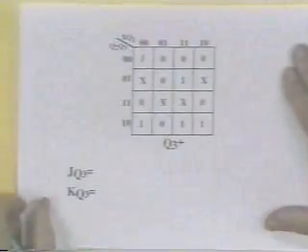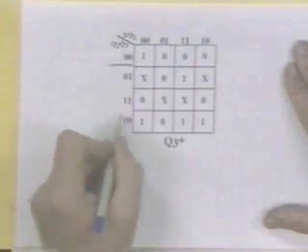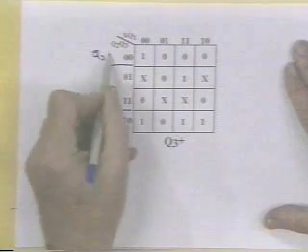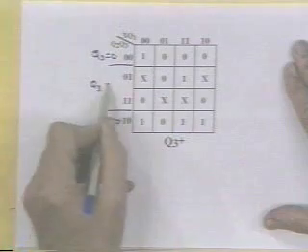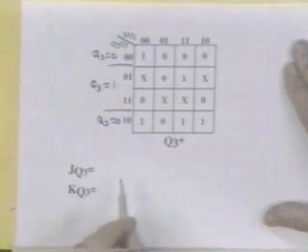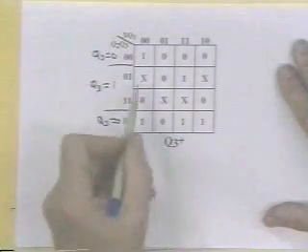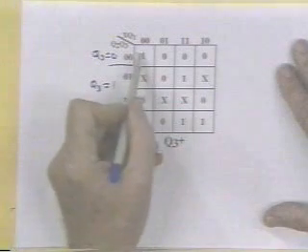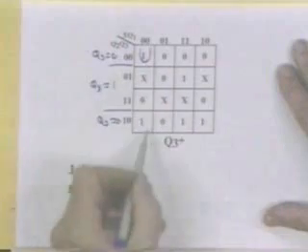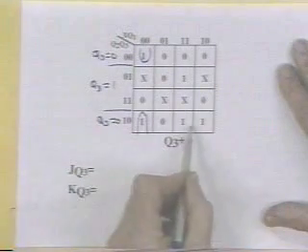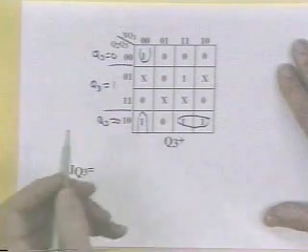For flip-flop number 3, we split the map here. Q3 equals 0 in the top and bottom rows, and Q3 equals 1 here. So again, looping the 1s to get J, we're going to have this one here and that one there, and this pair of 1s here.